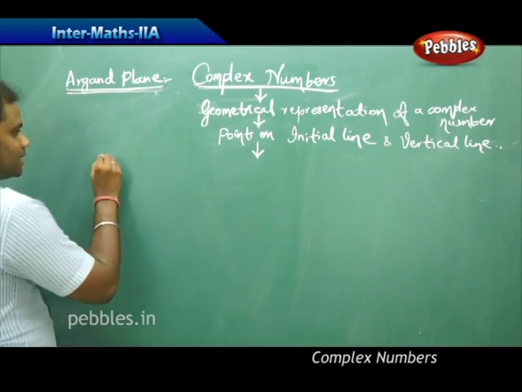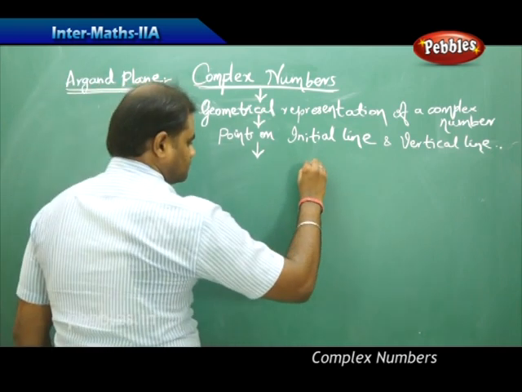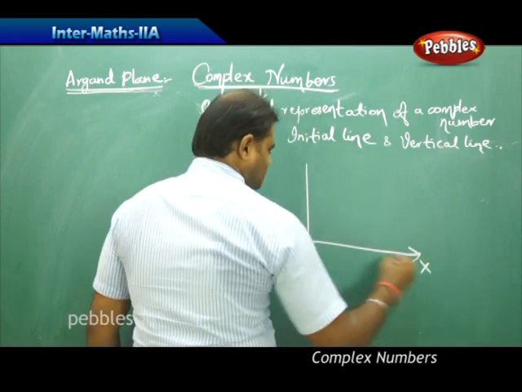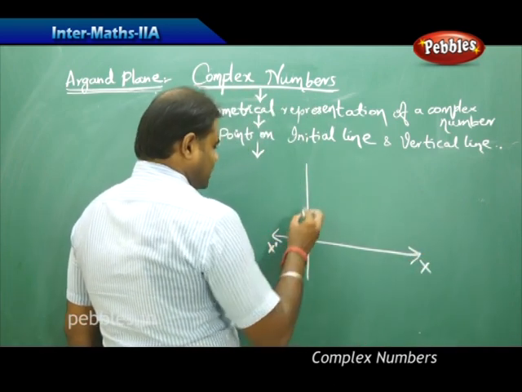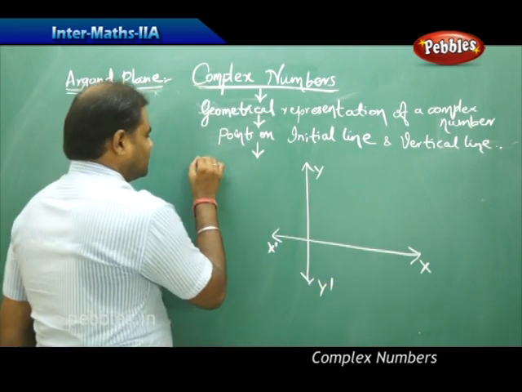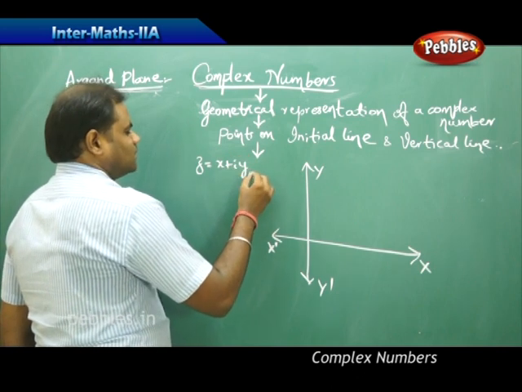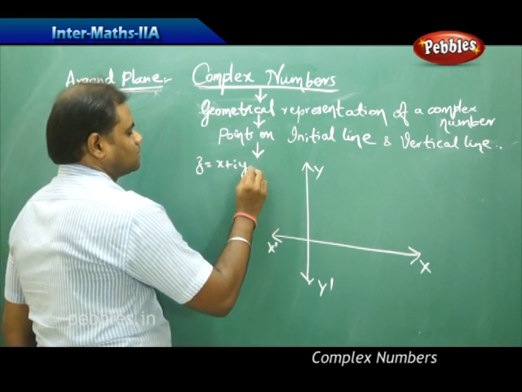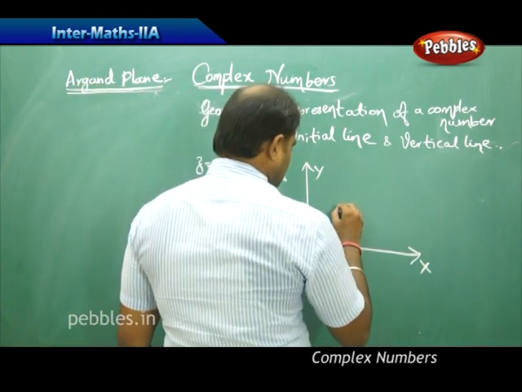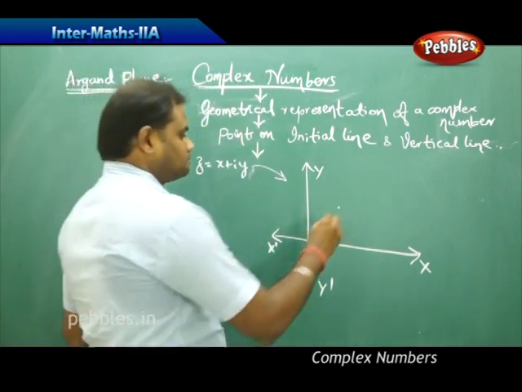So let me take the Argand plane out here, X dash and Y dash, and the complex number Z equal to x plus iy is represented on the Argand plane with P equals (x, y).